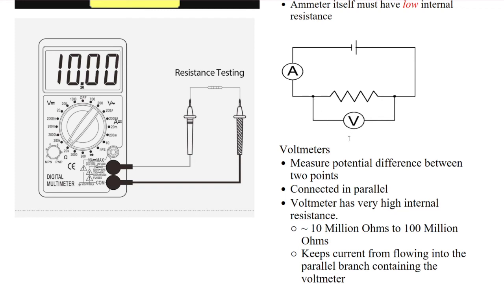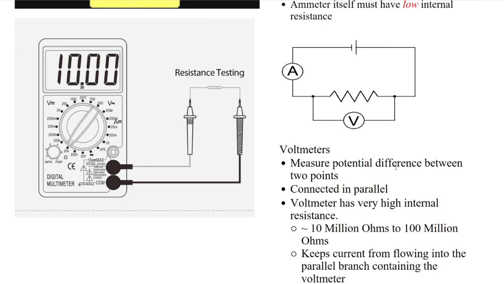Now, if you remember from our discussion on series and parallel, when current reaches a junction, it can split and take one of 2 paths. Current takes the path of least resistance. So in order for you to get an accurate reading, the internal resistance of this voltmeter must be very high.